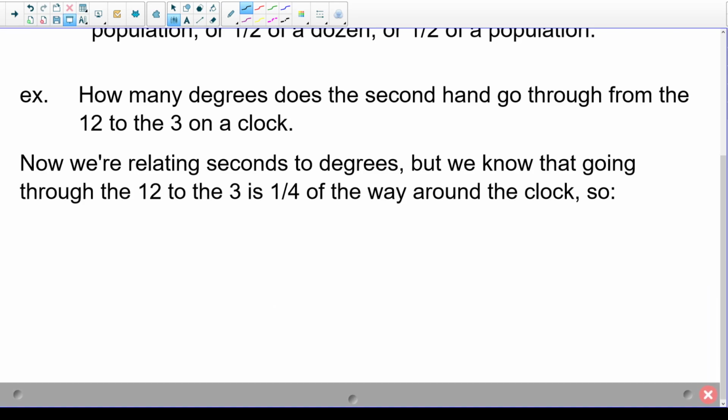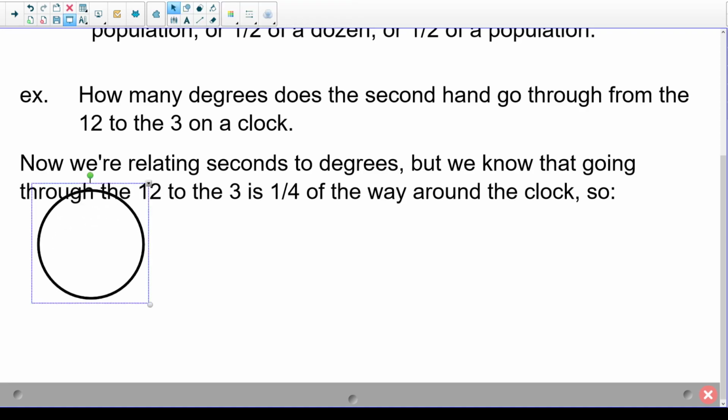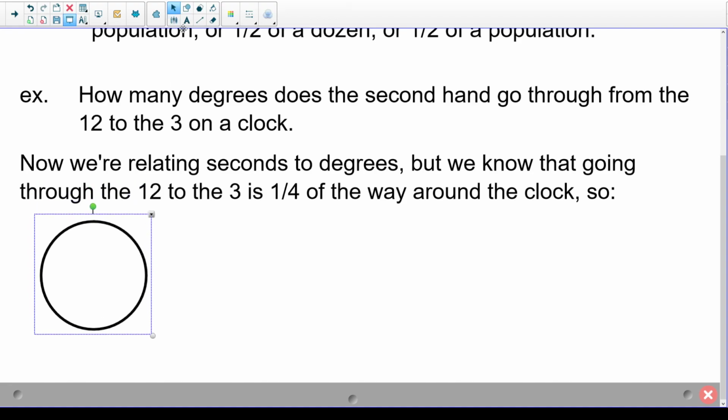So on a clock, going from the 12 to the 3, I've gone 1/4 of the way around the whole clock.